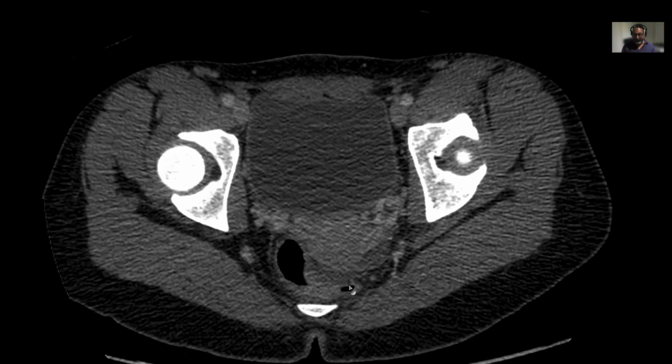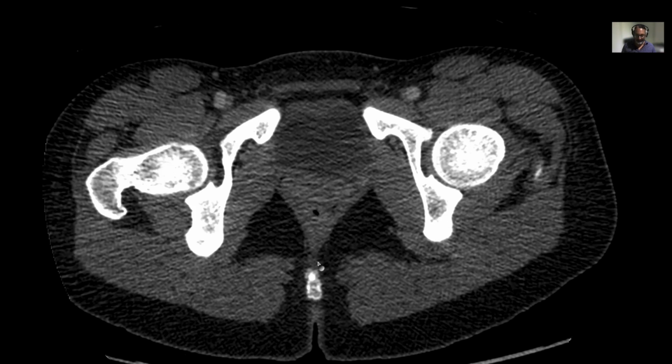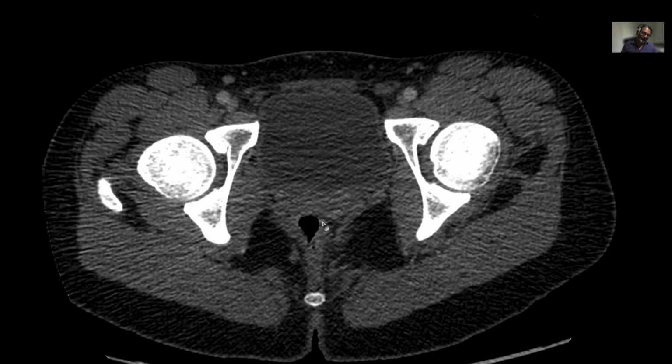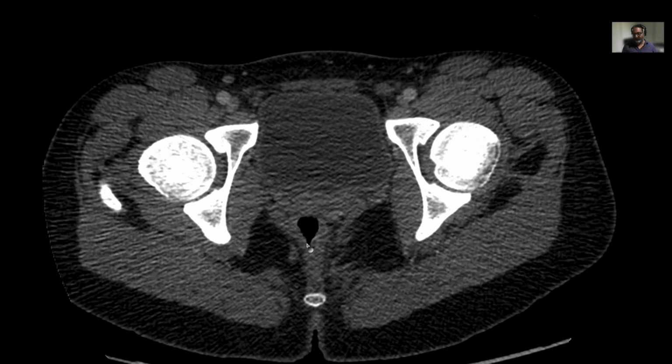Now, if you go deep down into the rectum where the mesentery ends, and you come to the lower end of the rectum, then they're mesorectal lymph nodes. They are not mesenteric lymph nodes. Sometimes they can even be called inferior rectal lymph nodes because they drain into the internal iliac lymph nodes.